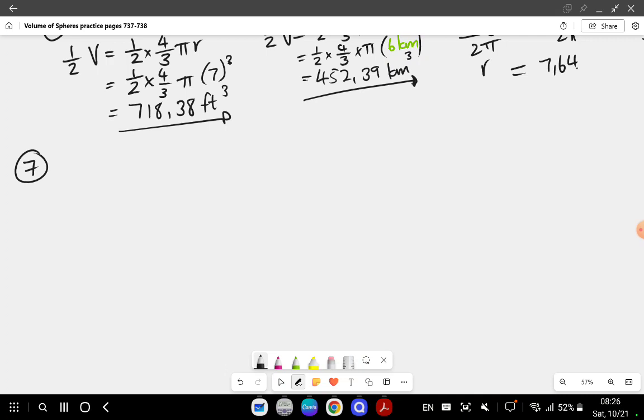Okay, question 7 is next. This is an image, and on the image I have a diameter of 16.2 centimeters, which means my radius is equal to 8.1 centimeters.